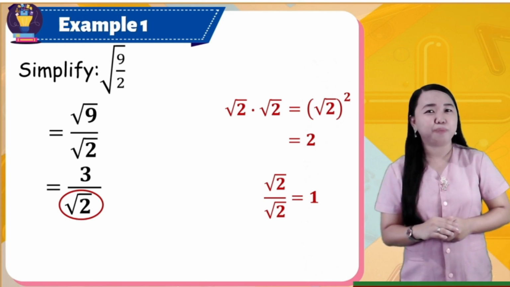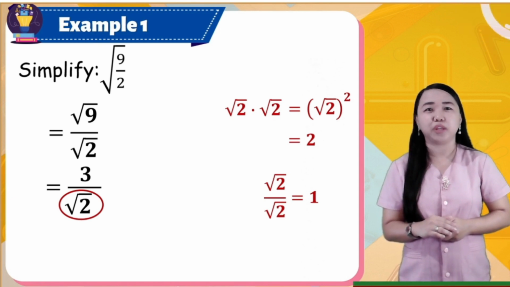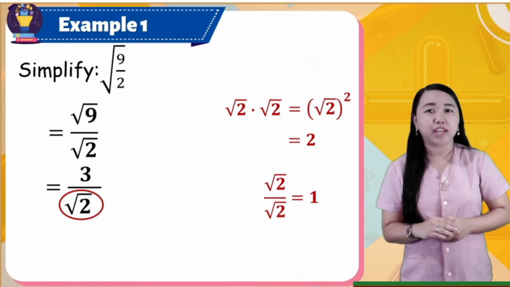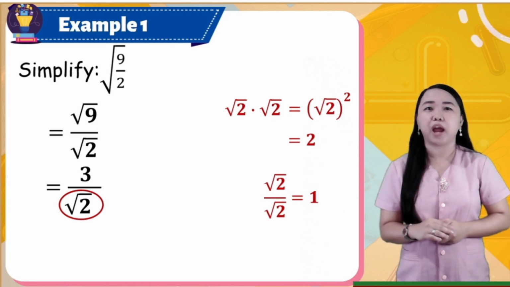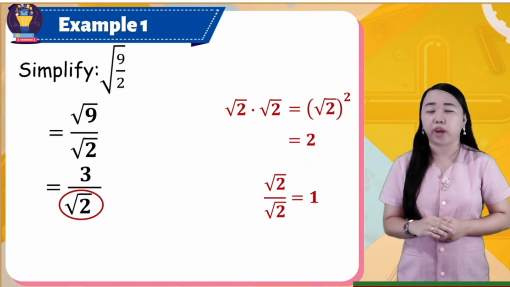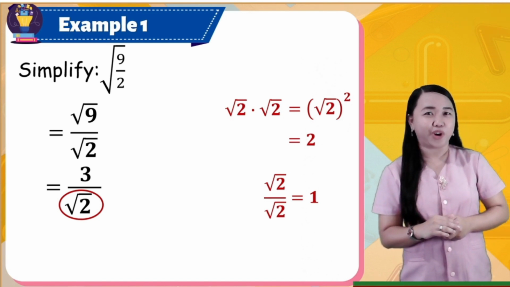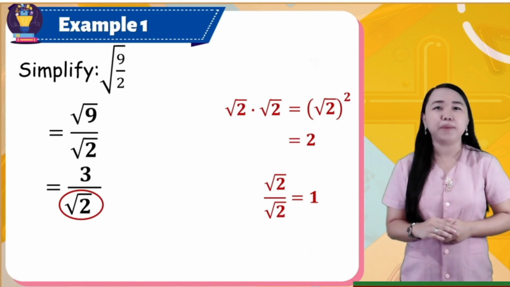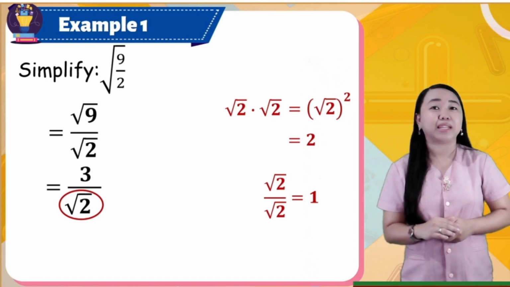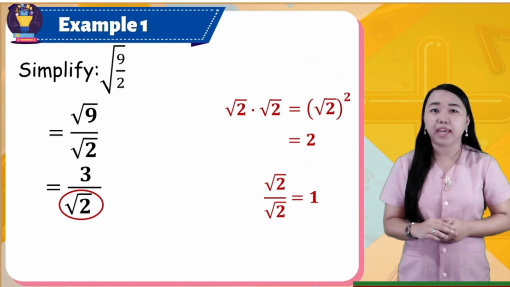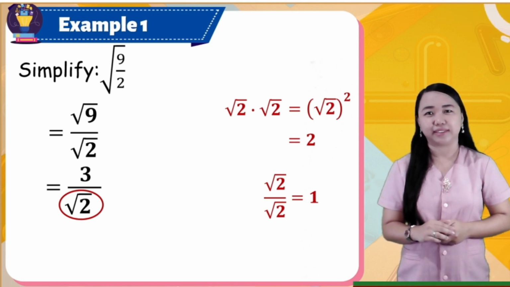And any number multiplied by 1 does not change the value of the number. The only thing that changed here is the representation of the multiplier 1 by using square root of 2 over square root of 2. In short, to rationalize the denominator, multiply the numerator and denominator by the same radical contained in the denominator if the index is 2.